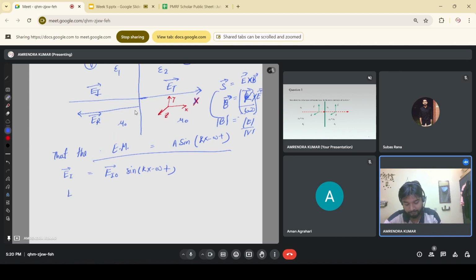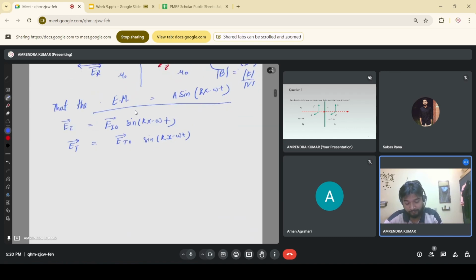We can also write the reflected one, but let's write the transmitted one first. So ET will be ET0 sine(kx minus omega t). What is EI0? The vector EI0 is nothing but an amplitude EI0 times x cap, and ET0 is nothing but ET0 times y cap. So these are the vectors that we have.